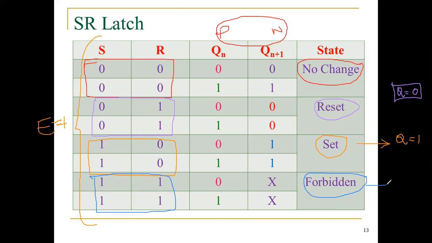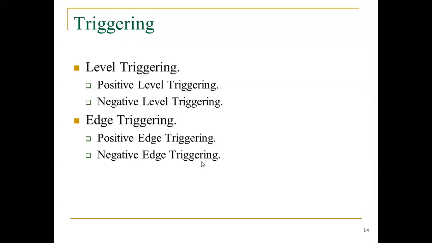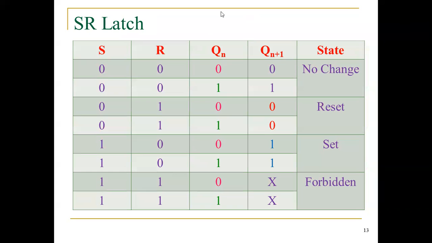We cannot determine whatever may be the assumption, either Q equal to 0 or 1, because one of the inputs of N3 and N4 is always 0, hence that makes the output indeterminate. So with this, the SR flip-flop operation is over.